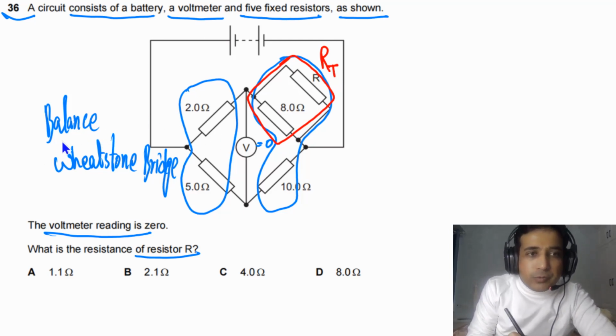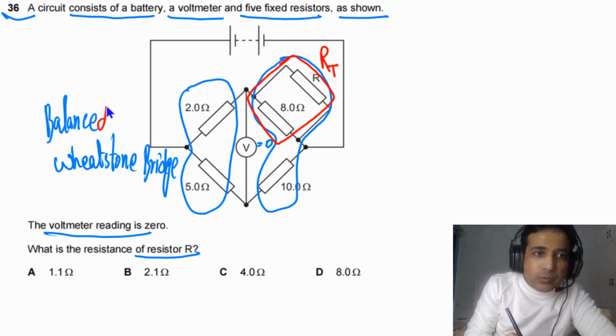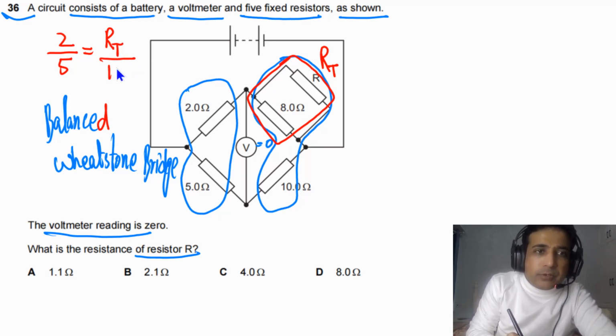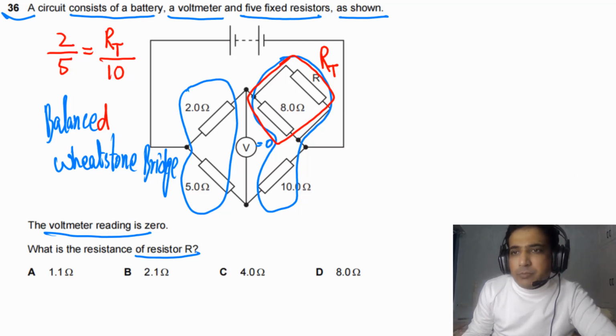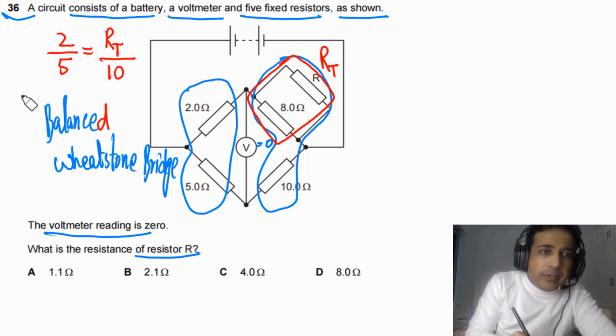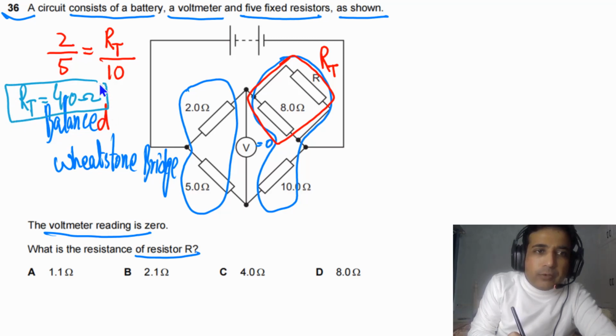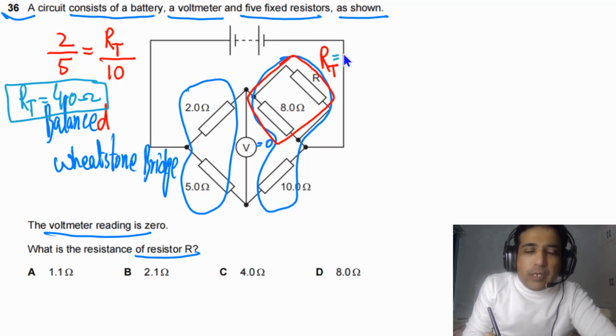So if it is a balanced Wheatstone bridge, then the ratio between 2 divided by 5 has to be the same as the ratio between RT divided by this resistor 10. From here you can simply find the value of RT, and this has to be equal to 4.0 ohms.